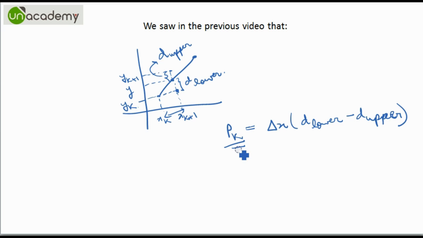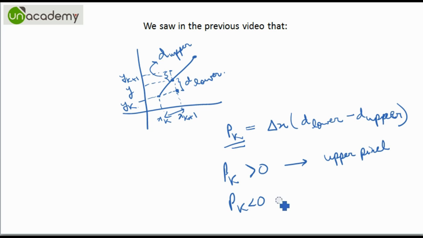That was the decision parameter that we found out, and we decided that if pk is positive, then we take the point as the upper point, upper pixel, and if pk is negative, then we choose the lower pixel.